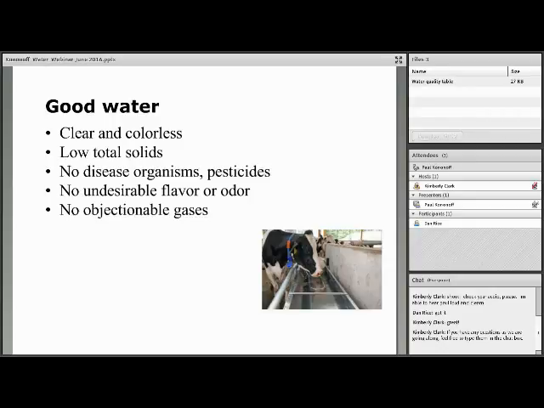Because these things may change slightly, but they also may change abruptly. And the last thing you want is to find yourself in a situation where you've got a problem, you suspect all of a sudden that the problem has arisen because of water, but you've got no background data to show where you were 6 months ago or 5 years ago. So I recommend getting a water sample once every 6 months.